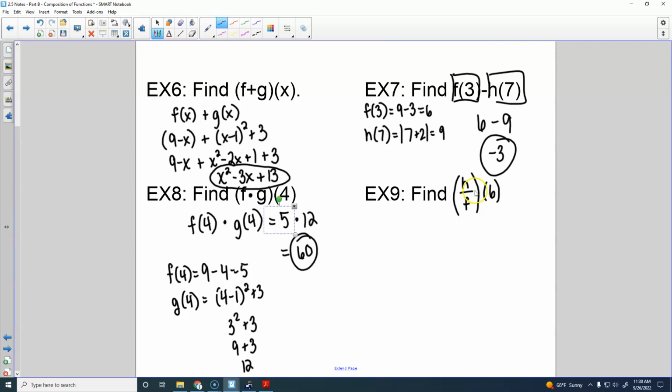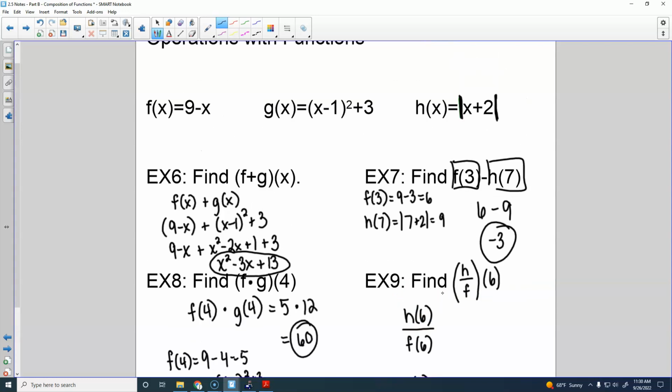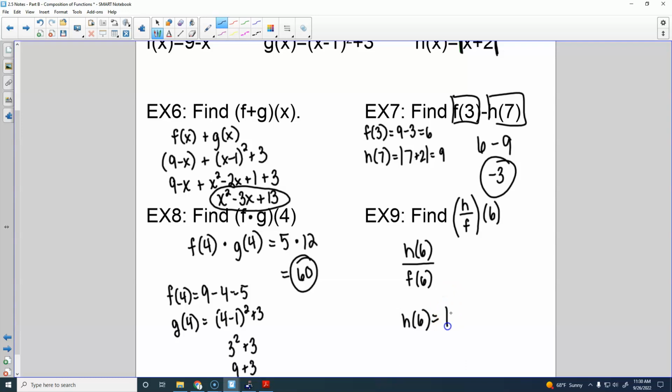And last one we have here is h over f of 6. This means h of 6 divided by f of 6. So much like we've done on the other problems, we can just find h of 6, which for this one is just absolute value of 6 plus 2, which is going to give us 8.